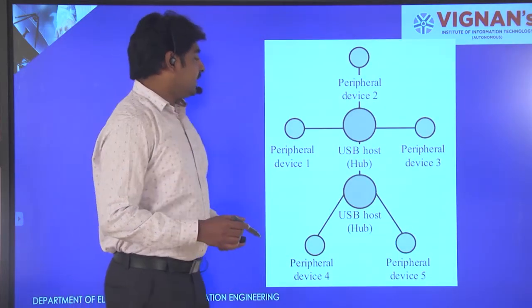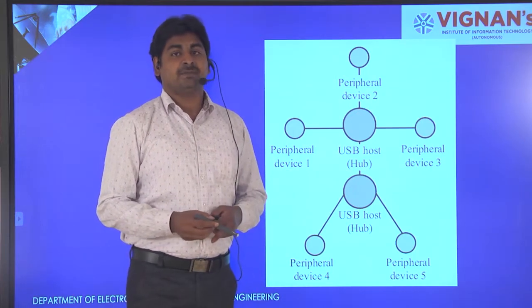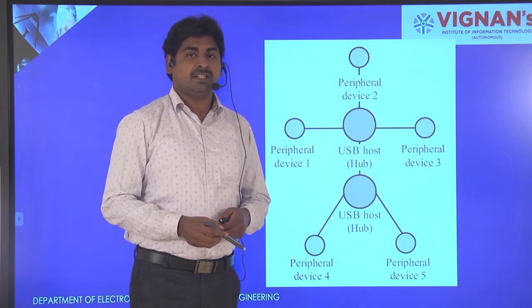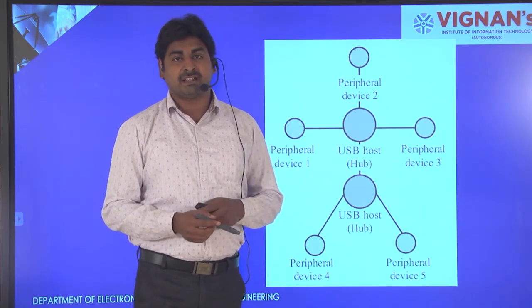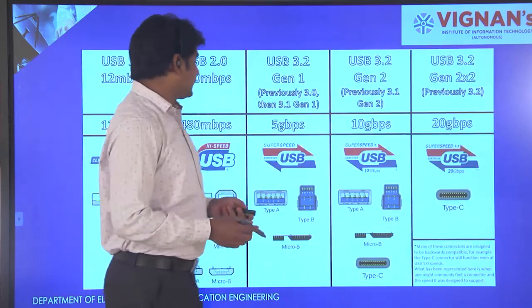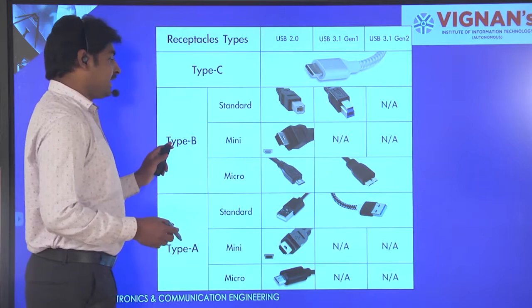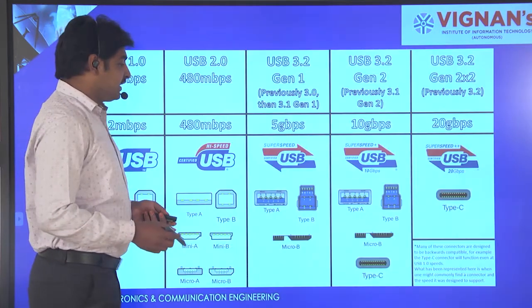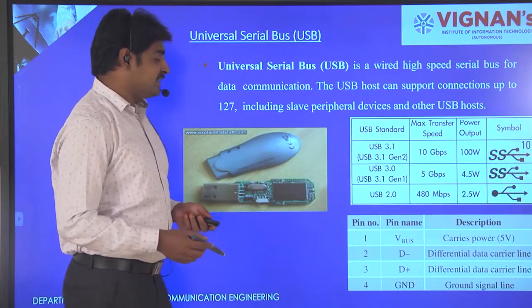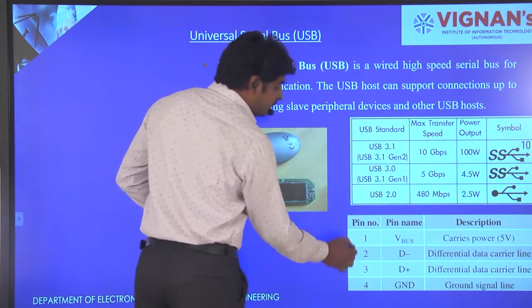Now the end of the USB cable can be connected to two different connectors. They are the type A connector and the type B connector. The connectors type A and type B have 4 pins.